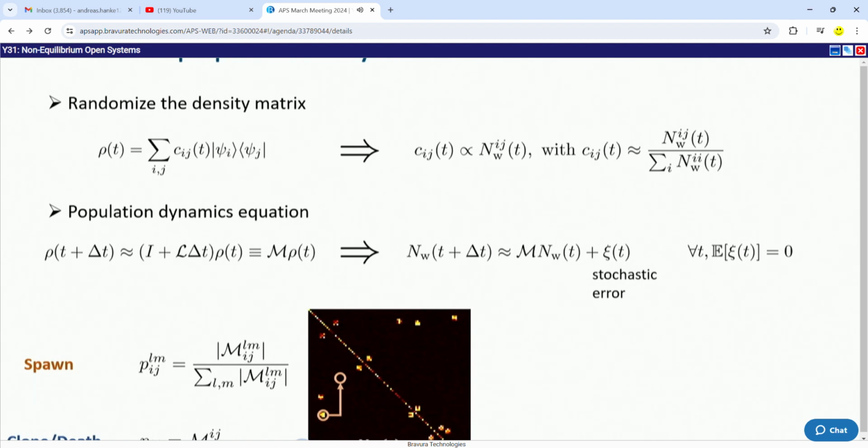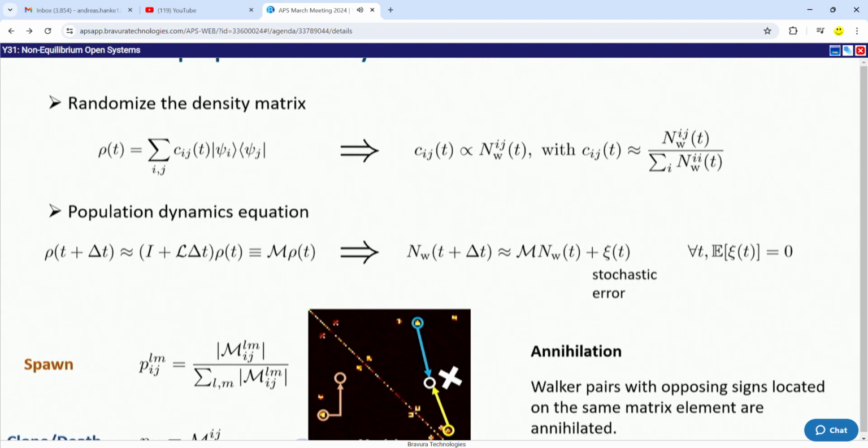First, the spawn process, which means that for any matrix element, there is some probability to generate a new worker onto a new site, depending on the elements of your supermatrix. And for the on-site or diagonal elements of your superoperator matrix, you have a so-called clone or death process: if this value is positive, you have some probability of duplicating the worker, and if it is negative, you have a probability of killing the worker.